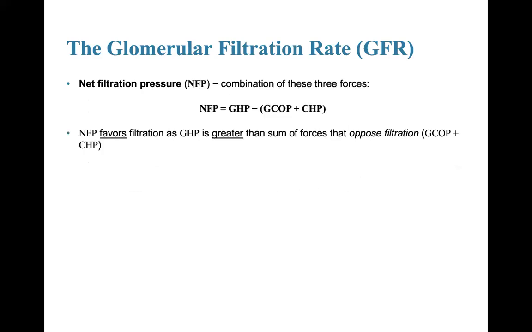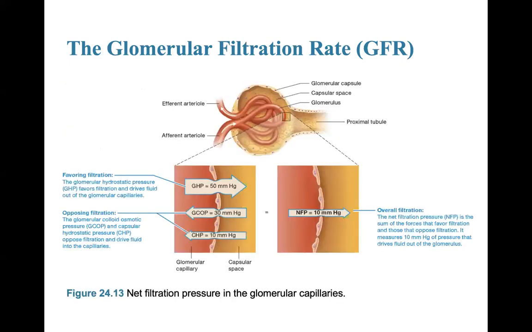So your net filtration pressure is the glomerular hydrostatic pressure minus the osmotic pressure plus the capsular hydrostatic pressure. The net filtration pressure favors filtration, as your glomerular hydrostatic pressure should always be greater than the sum of the forces that oppose filtration.